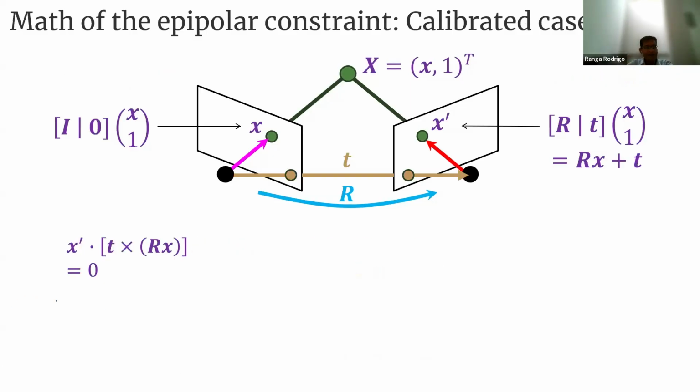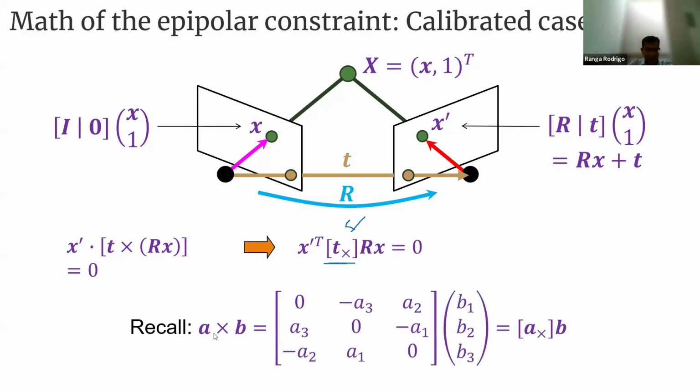So we write this as x prime transpose T-cross times Rx is equal to 0. T-cross is a matrix that effects the cross product. This is called the skew symmetric matrix. This is how you do that: if A has elements A1, A2, A3.